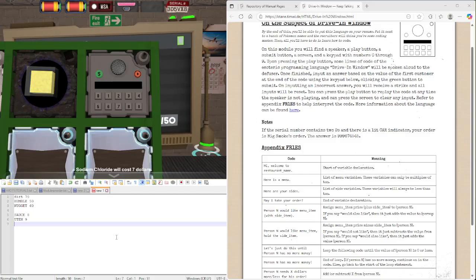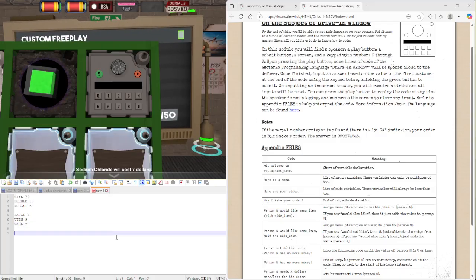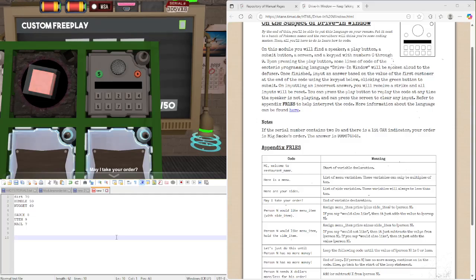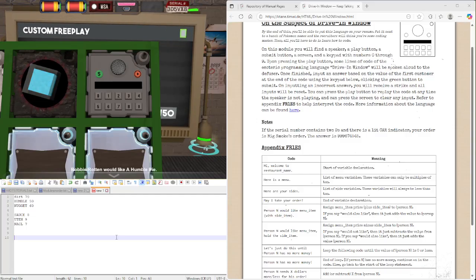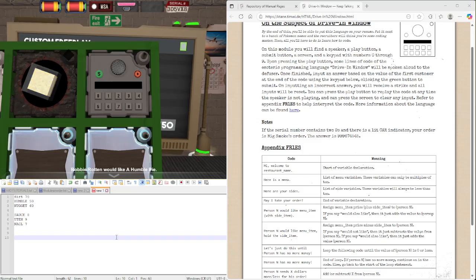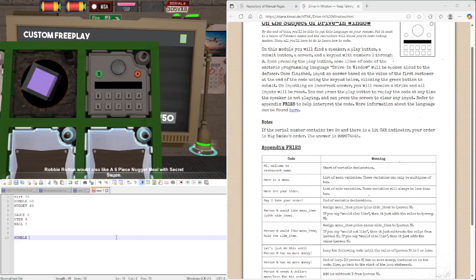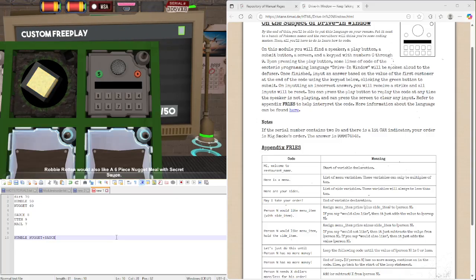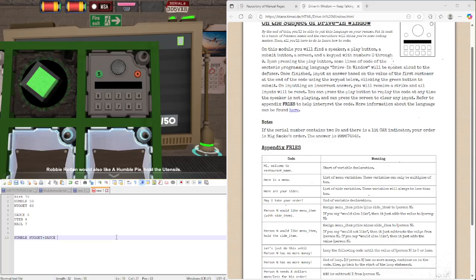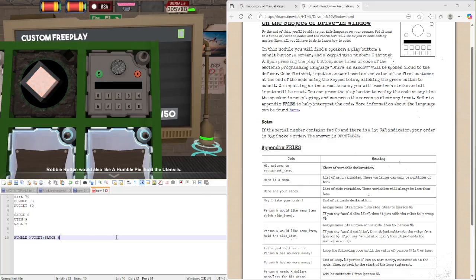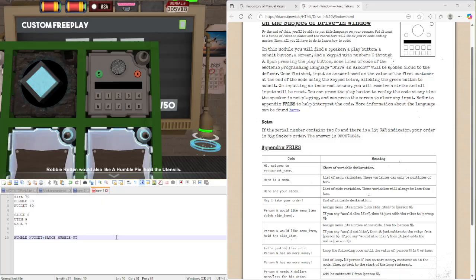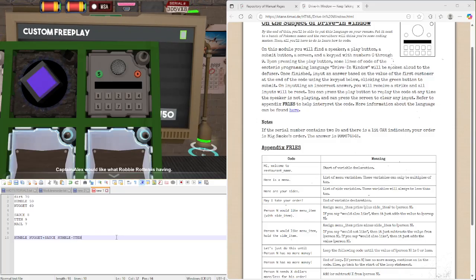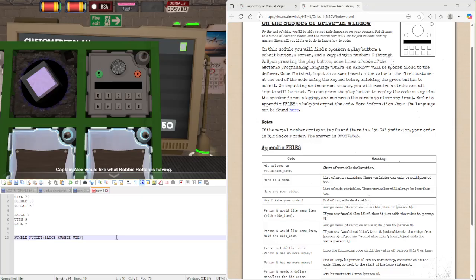Sodium chloride will cost $7. May I take your order? Robbie Rotten would like a humble pie. Robbie Rotten would also like a 6-piece nugget meal with secret sauce. Robbie Rotten would also like a humble pie. Hold the utensils. Captain Alex would like what Robbie Rotten is having.